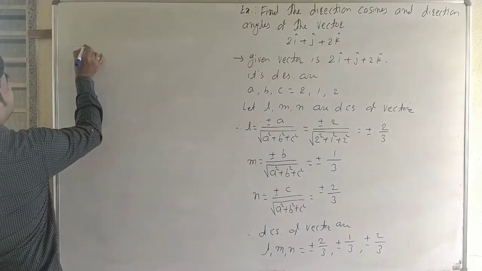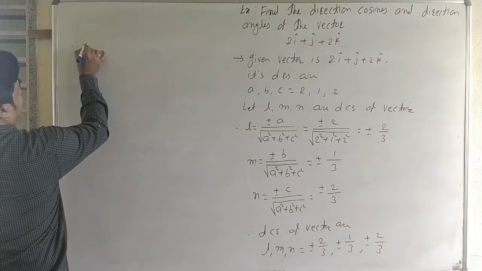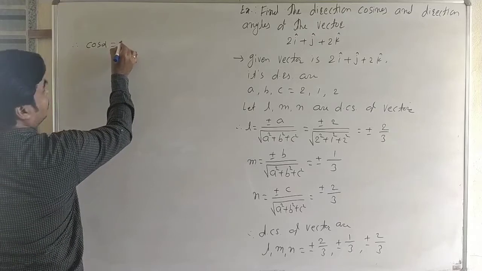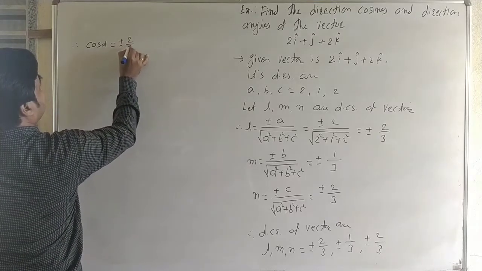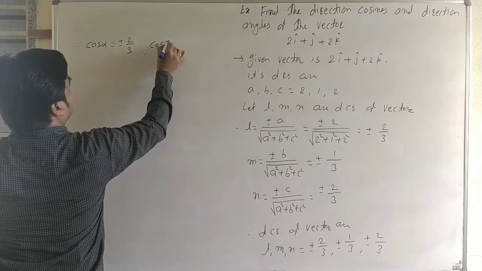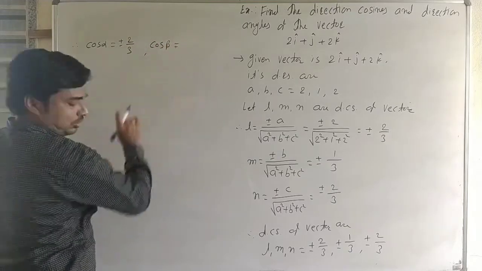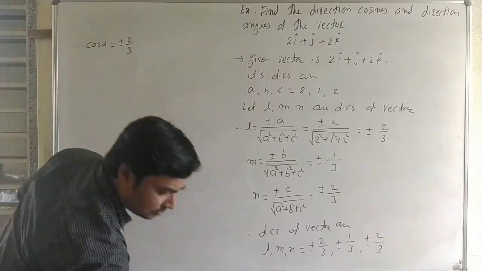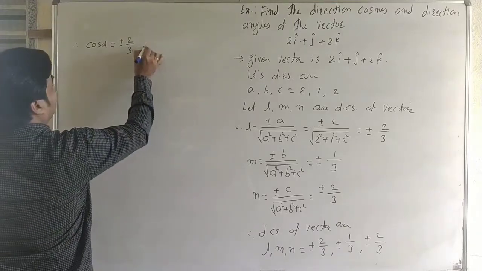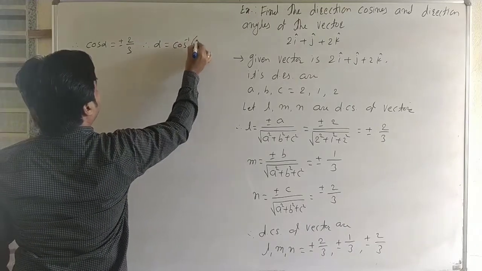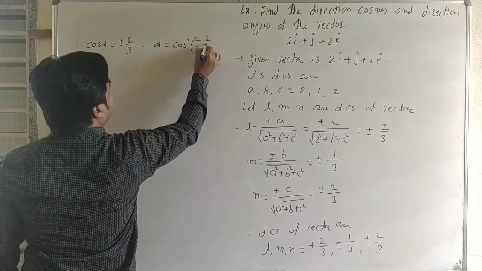Therefore we can write L is cos alpha. Therefore cos alpha is equal to plus or minus 2 by 3. Here we can directly write the angle. Therefore alpha is equal to cos inverse of plus or minus 2 by 3.